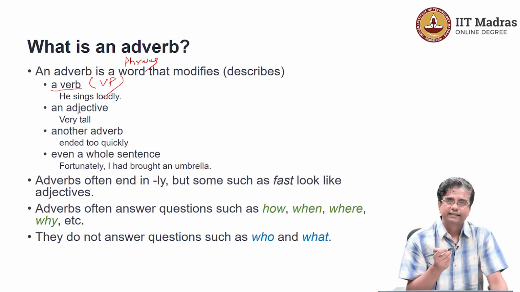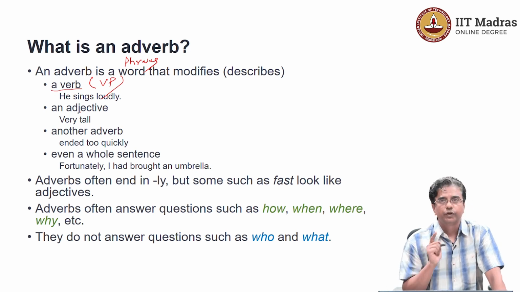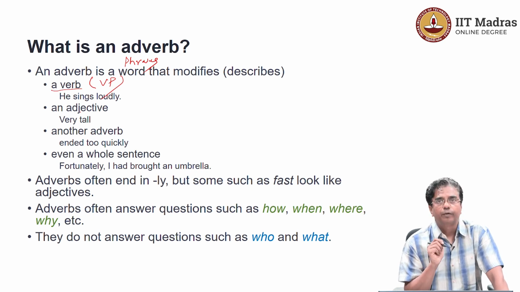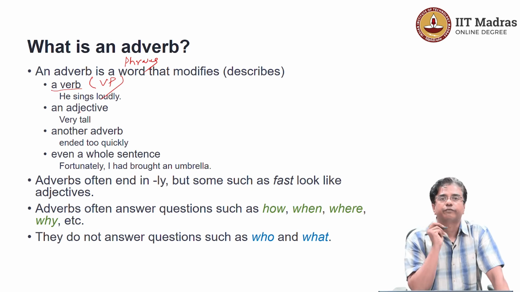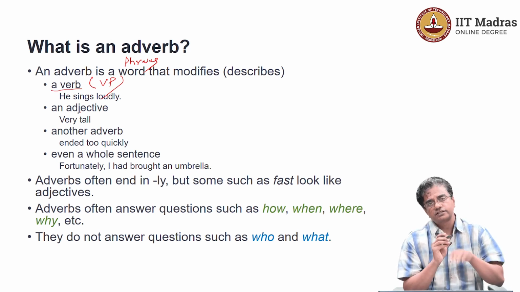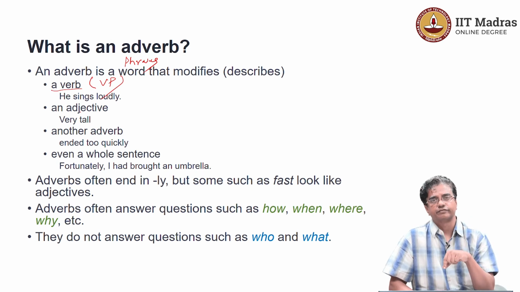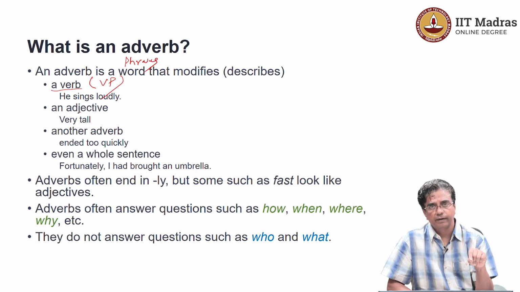We say they modify adjectives too. Keep in mind, certain words do modify adjectives and then they become part of the adjectives. So it's open for discussion that after becoming part of the adjective, do they remain adverbial as well?